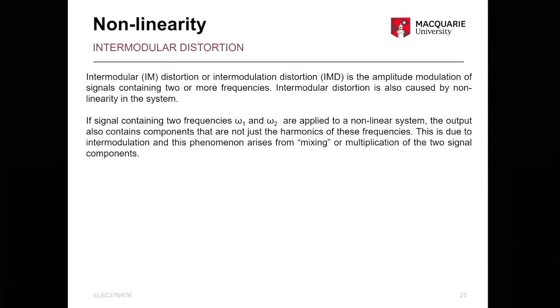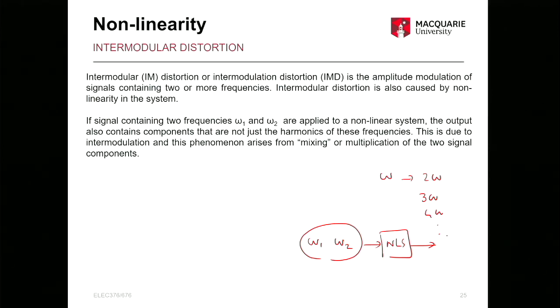When you have a single frequency omega, you have harmonics 2 omega, 3 omega, 4 omega, and so on. Intermodulation happens when you have two frequencies, omega 1 and omega 2. If you give this to a nonlinear system, before going into the details, can you guess what will be the output?